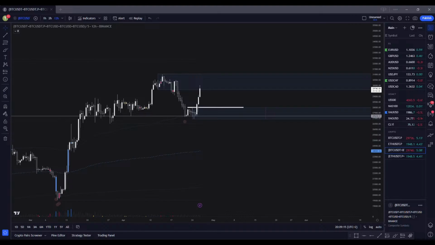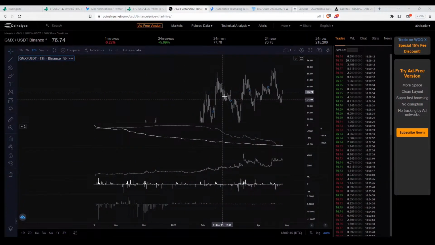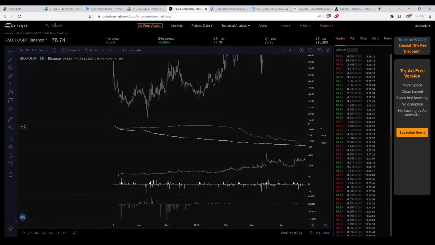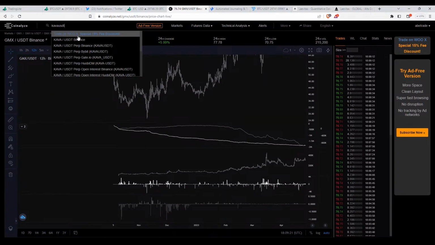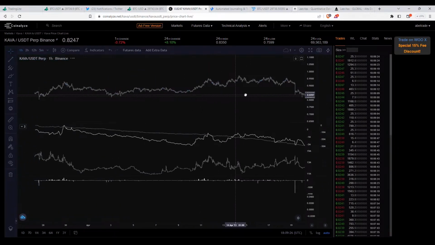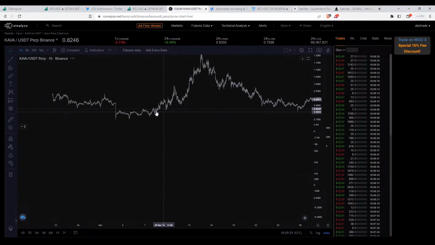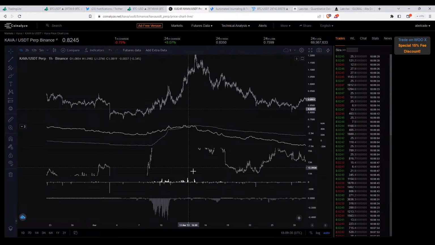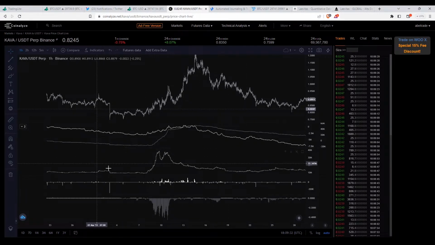Let me think if I can remember something. I remember this one, Kava. This was from like February. It had this huge run to the upside, and you can see it's not that much of a short squeeze, but more like a very strong spot bid.